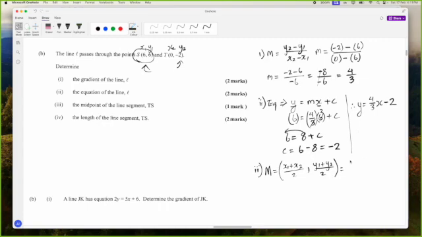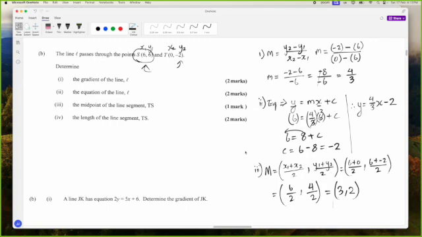So x1 is 6 plus 0, x2, all over 2, comma, y1 is 6 plus y2 is minus 2, all over 2. So what we will have is 6 over 2, comma, 6 minus 2 is 4, so 4 over 2. So that'll give us 3, 2 as the midpoint of that line segment.